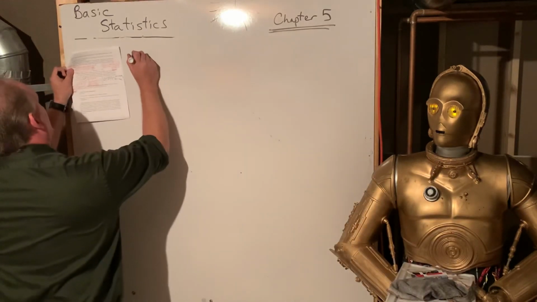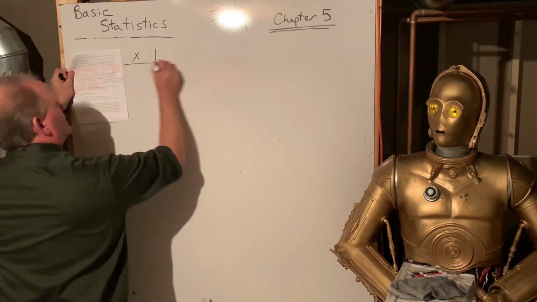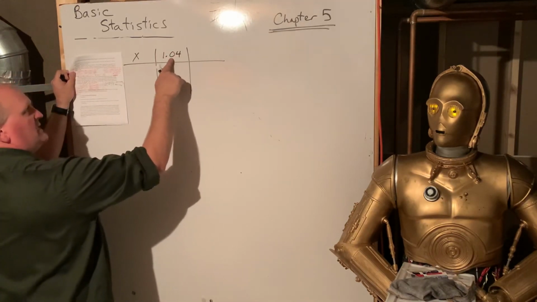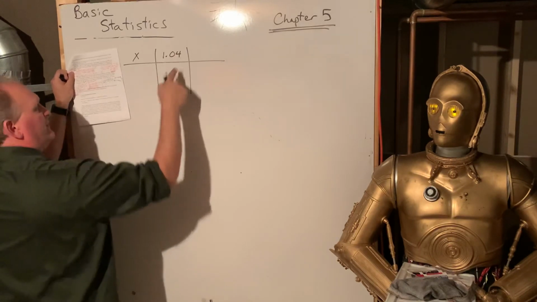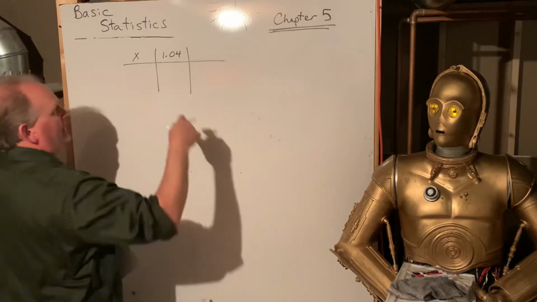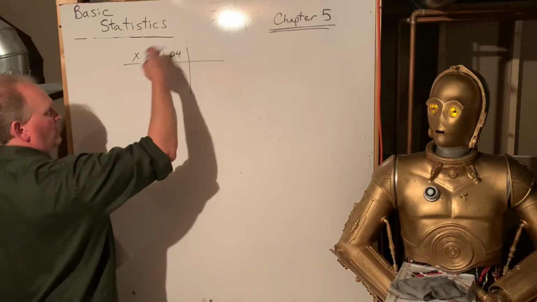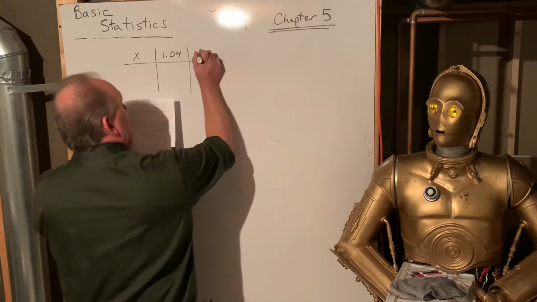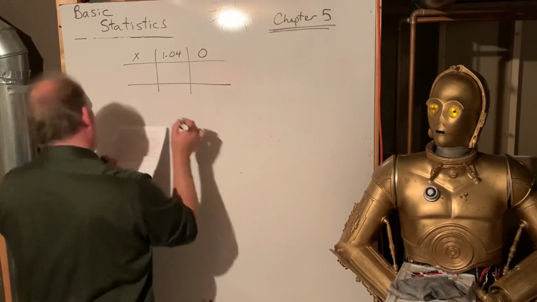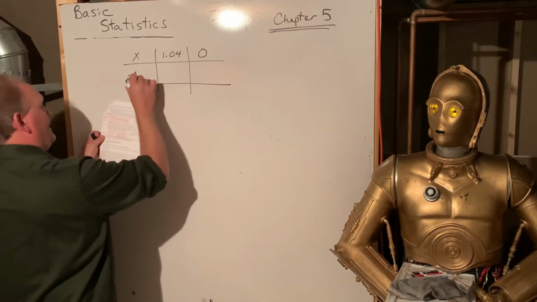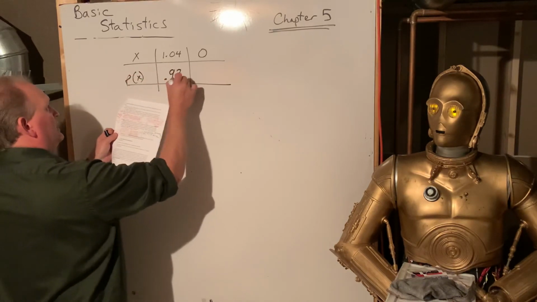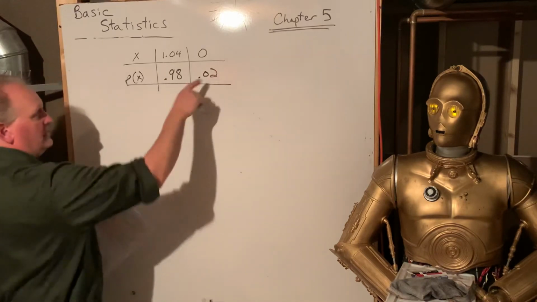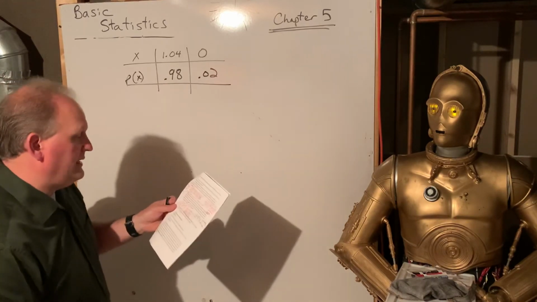So we have X: 1.04. So if it pays 4%, you put 1.04. That means your money plus 0.04 times your money. Or you lose all your money, 0. And so the probability of that happening on the first bank was 0.98, which means there's a 2% chance it'll go belly up, and 98% chance it'll be just fine.